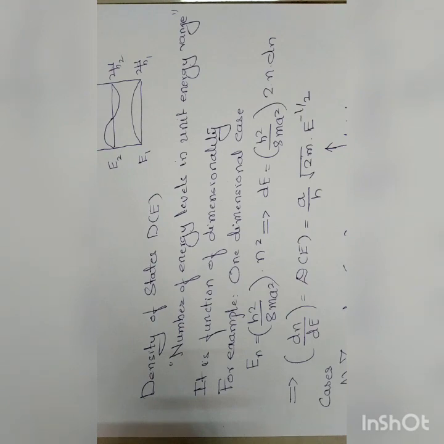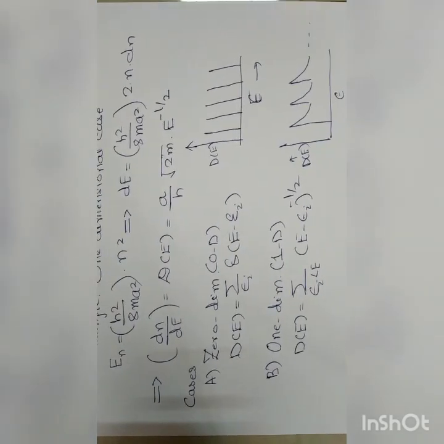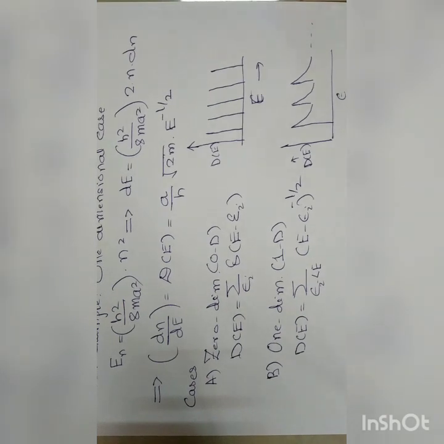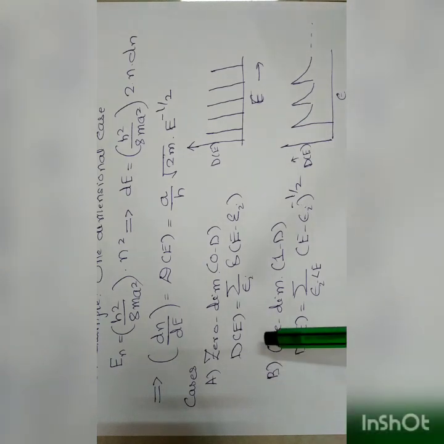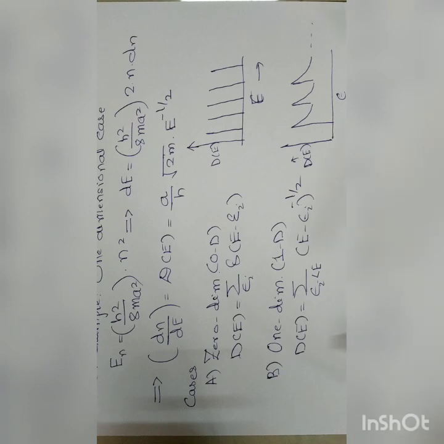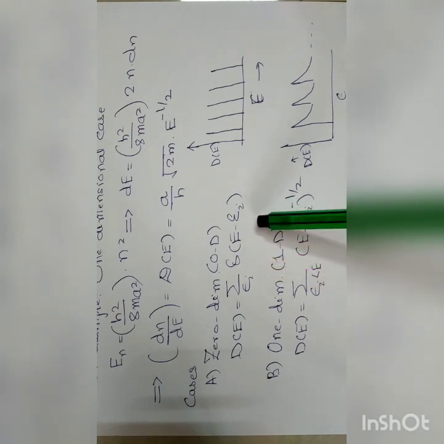Let us draw the conclusion for different dimensions, how the density of states varies for these cases. The first case is zero dimension, which we write as 0D. The density of states can be written as D of E equal to the sum over Ei of the delta function, E minus Ei.